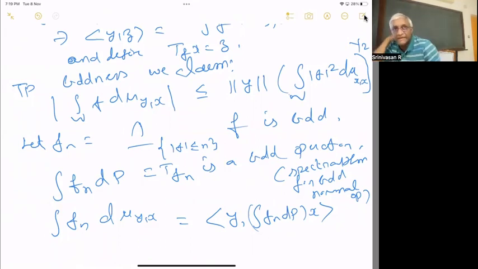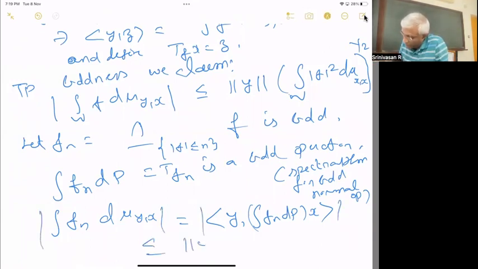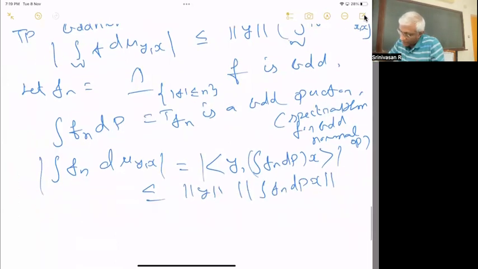There also you can integrate. But this is true. Then if you take the mod, this is less than or equal to norm of y times the norm of the integral of fn dp x. But this will actually be equal to, I will prove it later, if there is time, part of the spectral theorem.